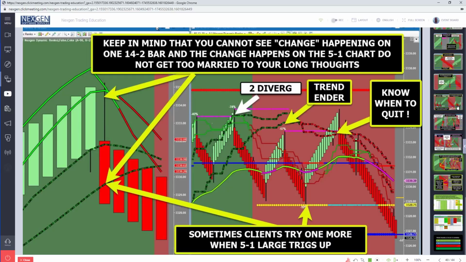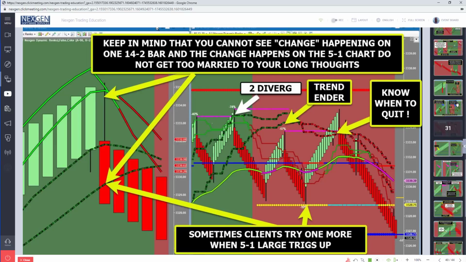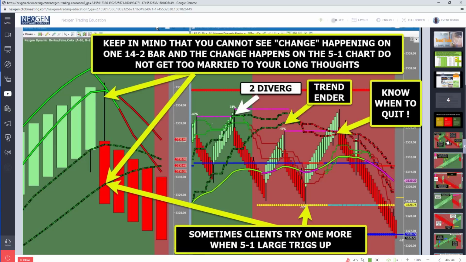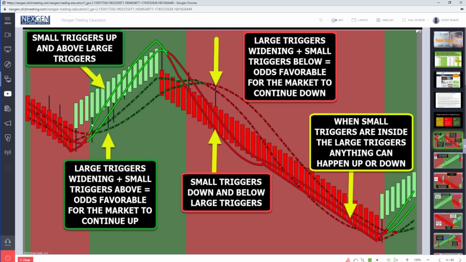Does that make sense? And again, we start you guys off with this blanket picture like this that says, yeah, if the triggers are going up, then you're going to go long. And then, this right here, do you see this big spot where they're really spread out? You would think that that's the best look on the planet, and it may very well be.